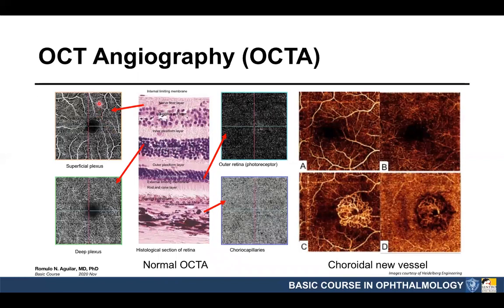You can reconstruct the larger retinal vessels and the capillaries on each layer: superficial plexus, the deep plexus, and even the choriocapillaris, or even outline abnormal vessels like a choroidal new vessel here, without using any dye.